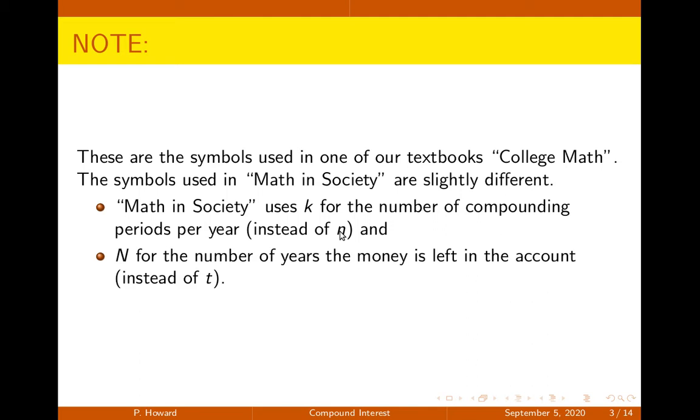And Math and Society uses capital N for the number of years the money is left in the account, whereas we are using a lowercase t. So when you're reading the book Math and Society, you'll have to be aware of that difference.